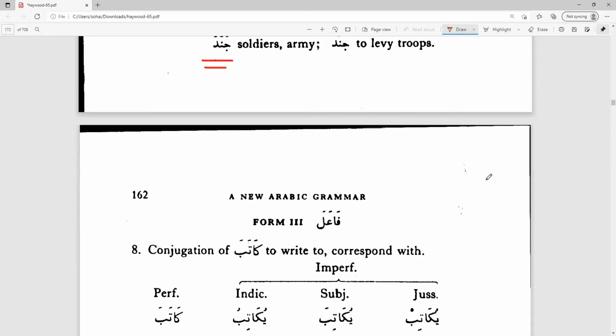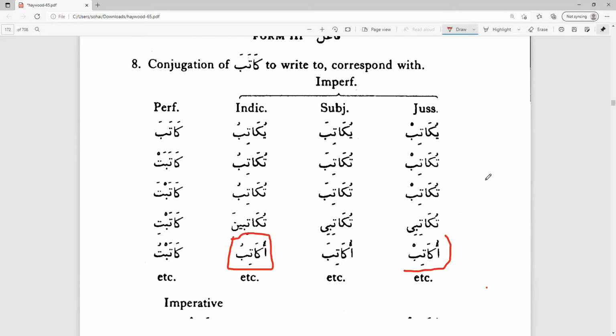Farhana, you want to try? Anta kasir, antuma kasira, antum kasiru, anti kasiri, antuma kasira, antunna kasirna. Okay.